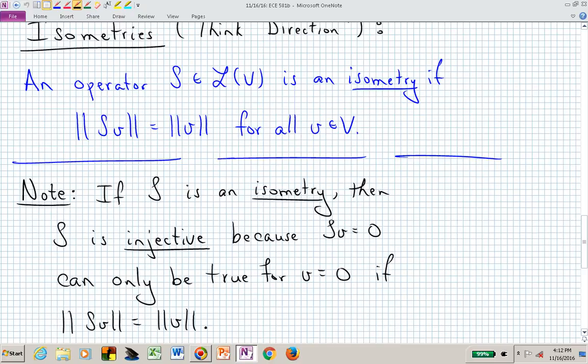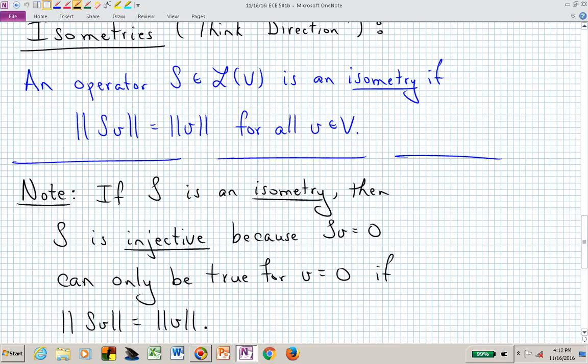We could find a non-trivial vector v, if S had a null space, that could give us a norm of 0, but the v that we started with, if it's non-zero, will not have a trivial norm. It will have a non-zero norm.